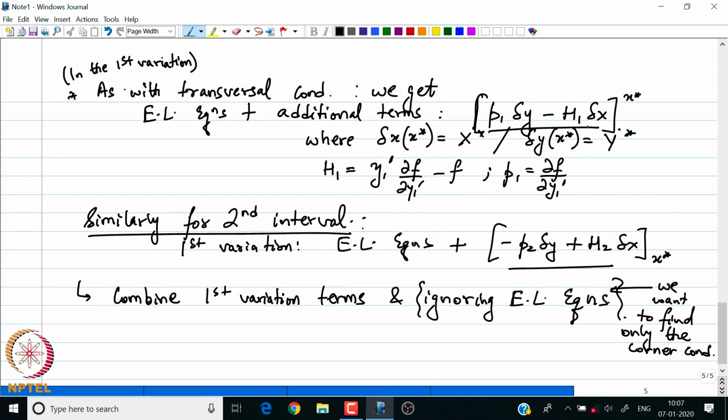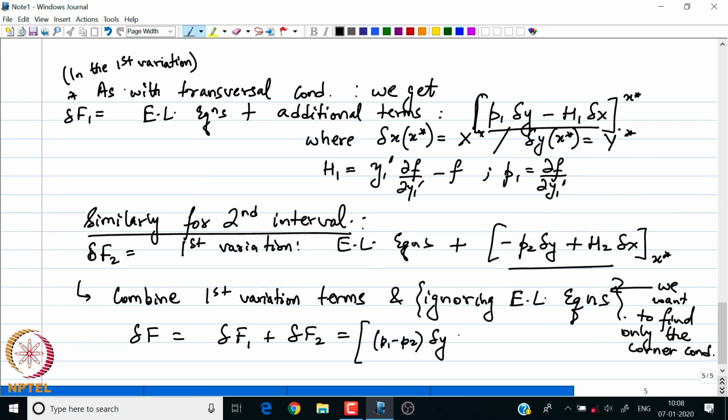So once we ignore the Euler-Lagrange equation, the first variation will be, this is my delta f1, this is my delta f2. So the first variation is delta f1 plus delta f2, and that is also equal to p1 minus p2 of delta y minus h1 minus h2 of delta x, right, and this is evaluated at x star on the lower bound. Okay.